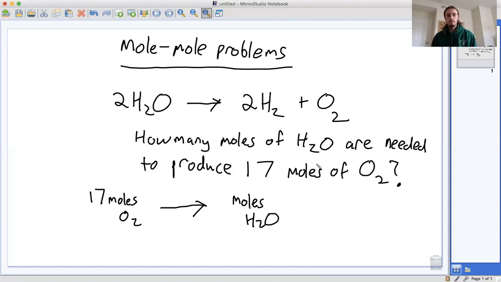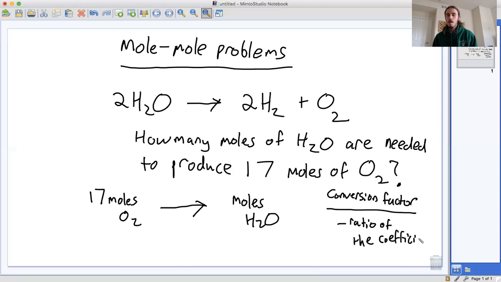In this case, the conversion factor in a mole-to-mole problem is a ratio of the coefficients. Let me explain what I mean by that.